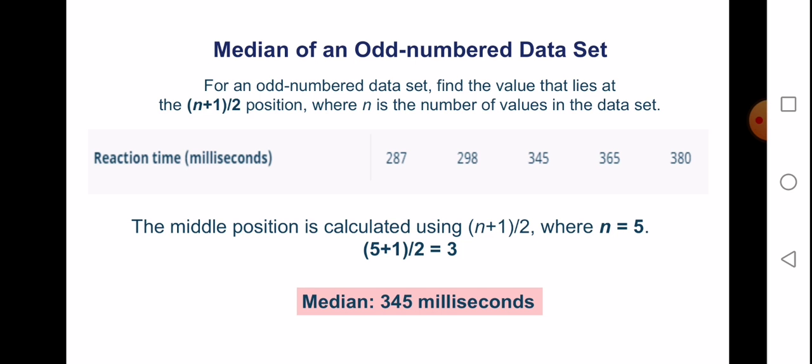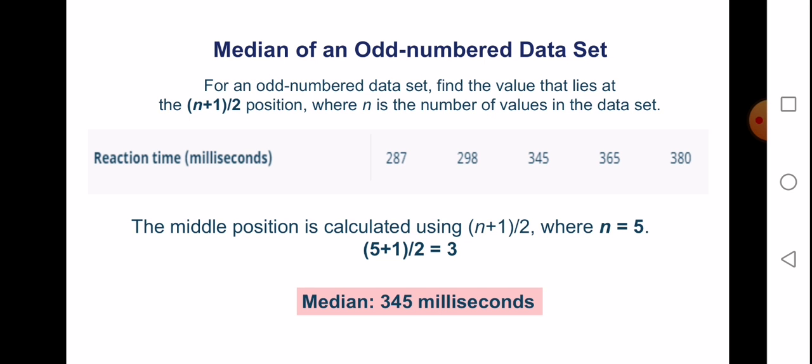So for an odd numbered dataset, find the value that lies at the (n plus 1) divided by 2 position, where n is the number of values in the dataset. So in the example, you measure the reaction times in milliseconds of 5 participants and order the dataset.